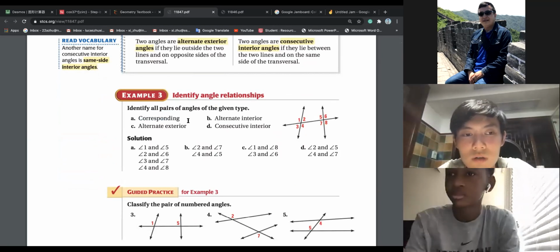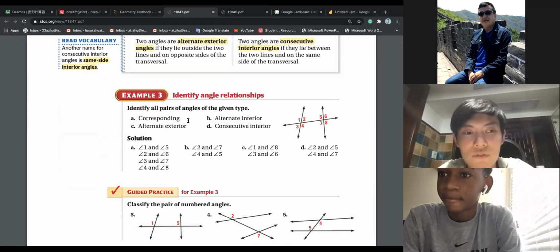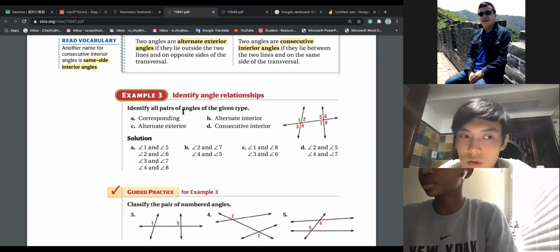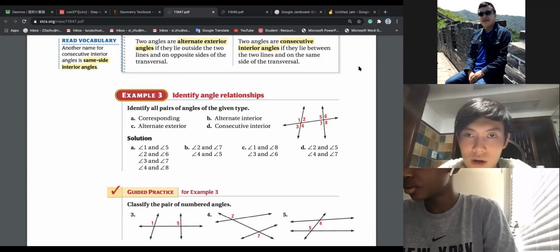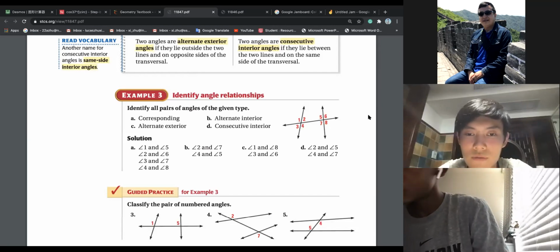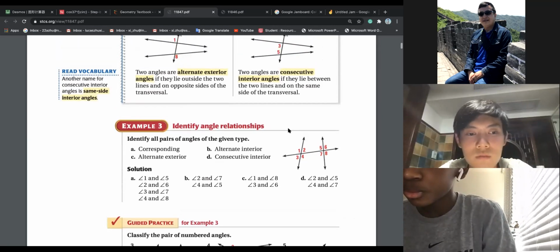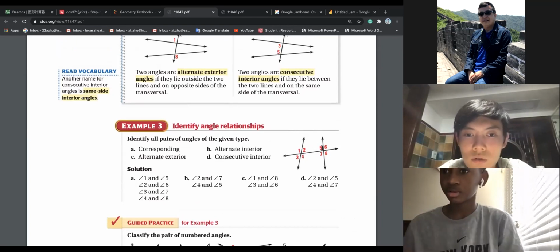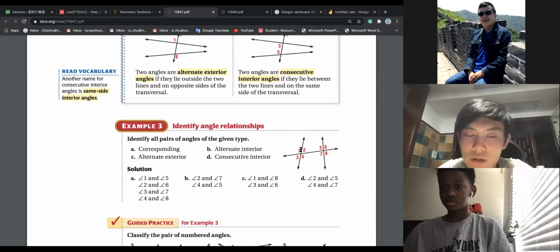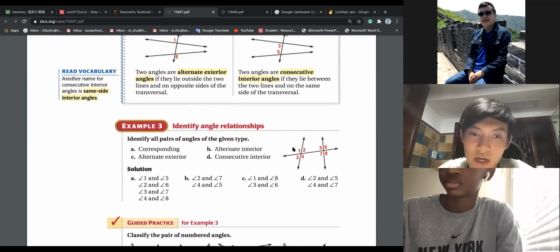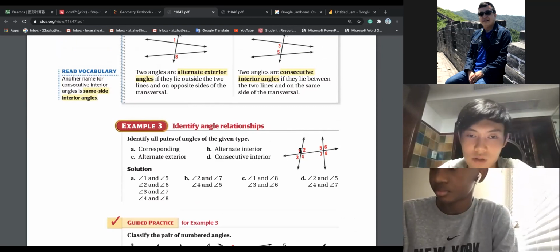Identify one pair of corresponding angles in this graph. 5 and 1, on the same side and the same position.